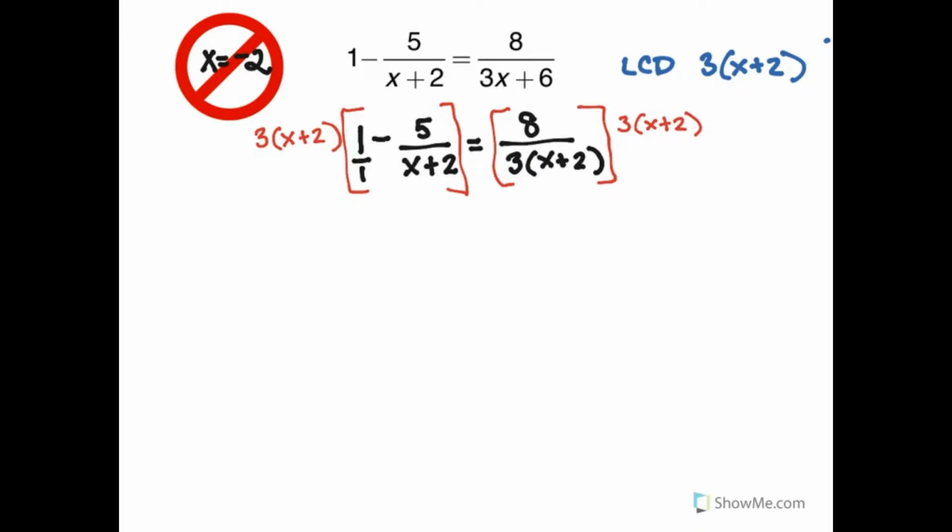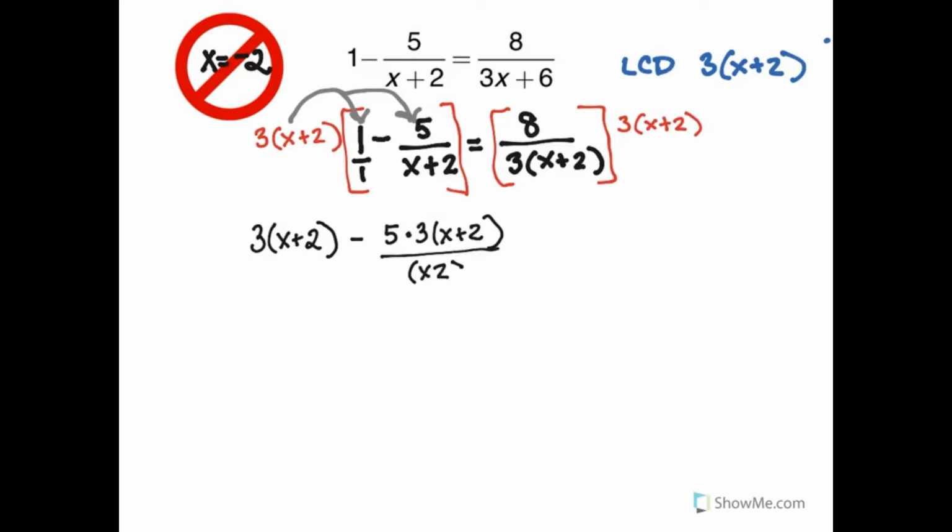I'll just have an equation. On the left, I need to distribute. So I'm multiplying 3 times x plus 2 times 1, and that just gives me 3 times x plus 2. Now when I multiply it times 5, it's over x plus 2, and so I can cancel the x plus 2's.